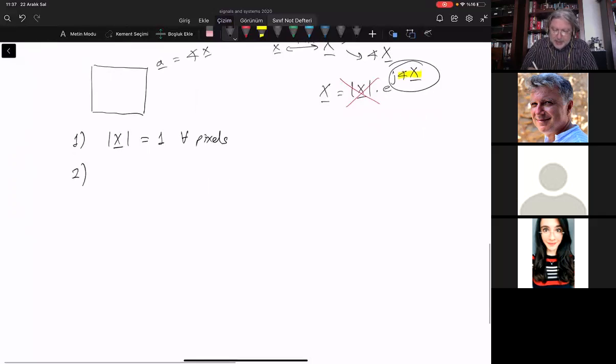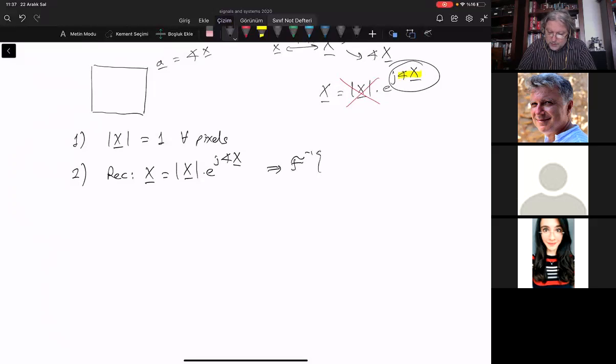So in the next step, I project to the first one of them, which is telling me that I reconstruct x as the magnitude of x, which is all ones initially, times e to the j angle of x, which are the observations that you have, and take the inverse Fourier transform of x and say that it is xi.